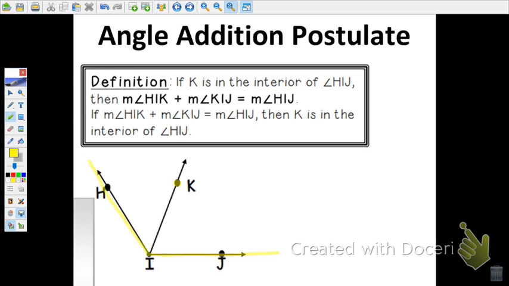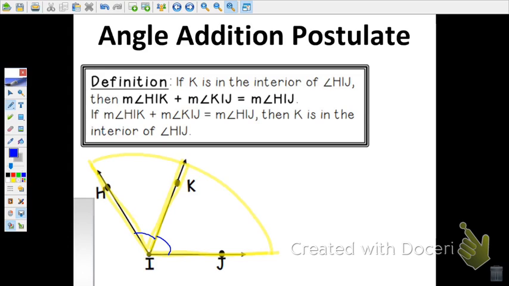Then I know that the measure of angle HIK and KIJ is going to equal the measure of HIJ, which is the great big one. Just like with the segment addition postulate, we have two small parts that combine to make the great big part.